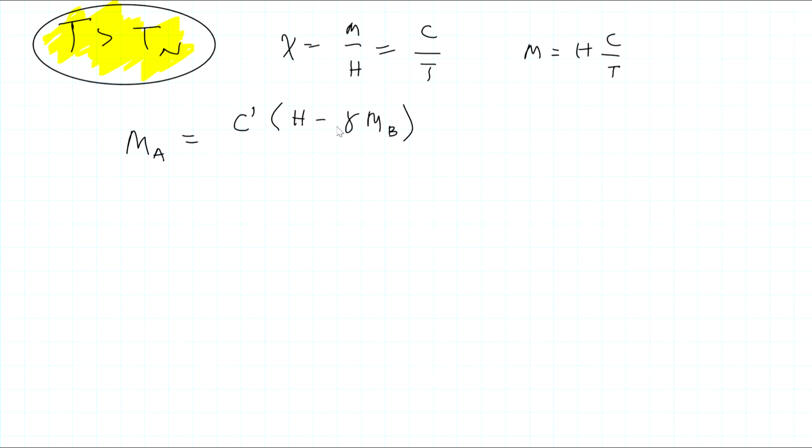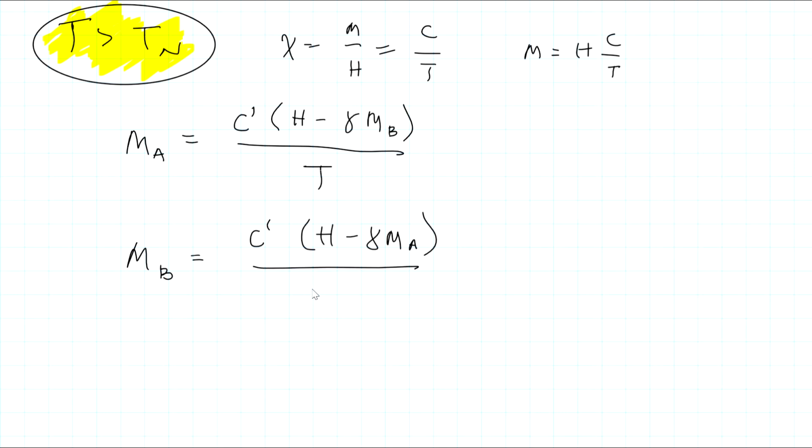Remember, for negative Curie temperature, the molecular field opposes the external field, and the molecular field for sublattice A is negative gamma M_B, because it opposes. The same way we can write M_B: C prime, which might be different from C, times H minus gamma M_A, divided by T.